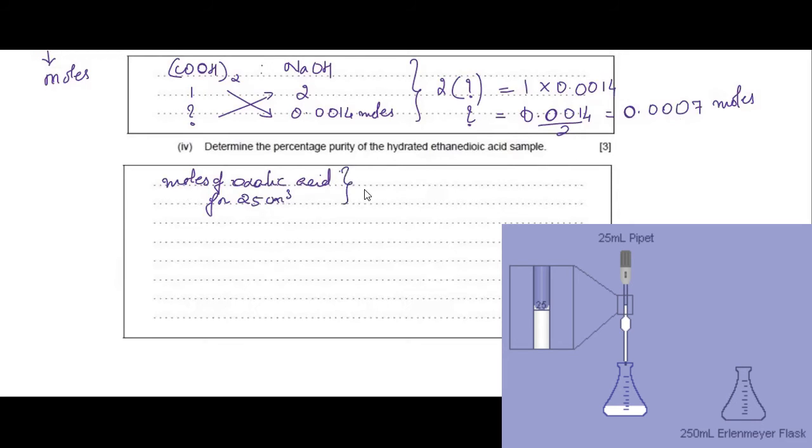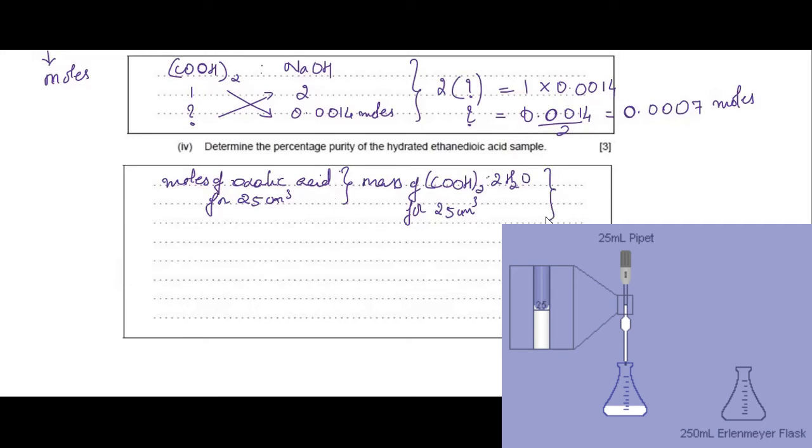This has to be converted to the mass of oxalic acid, the hydrated ethane dioic acid, again for 25 centimeter cube. So moles is converted to mass for 25 centimeter cube.